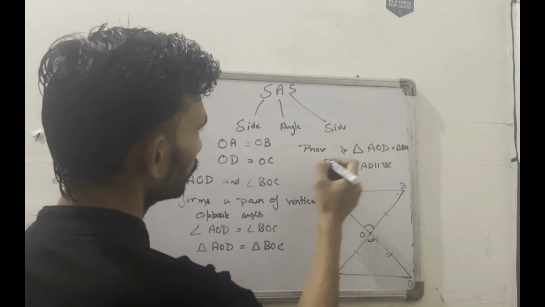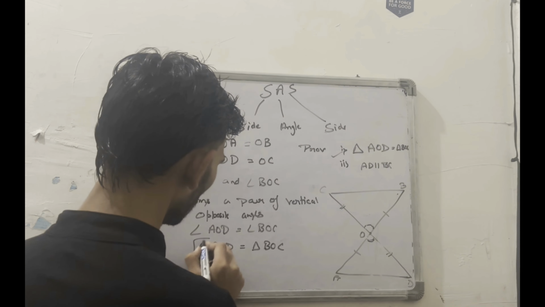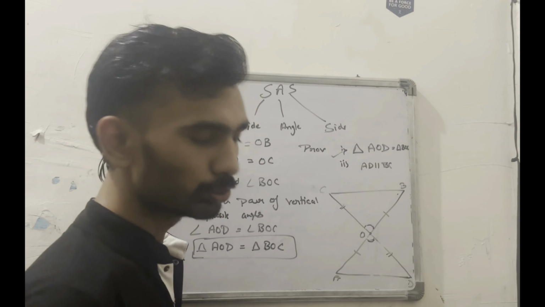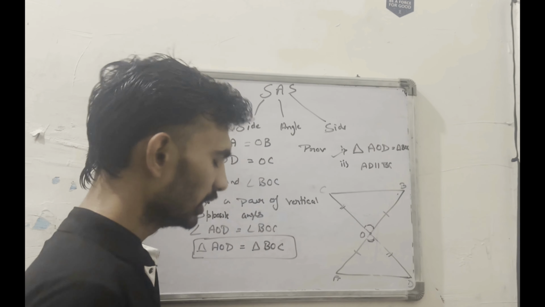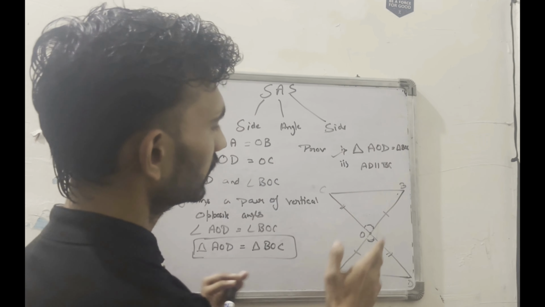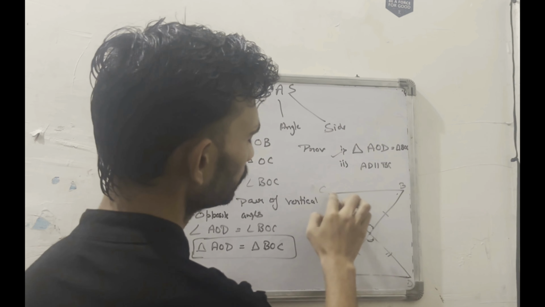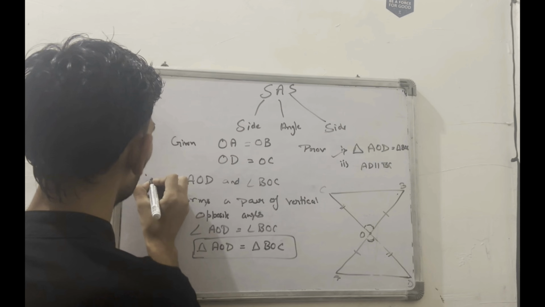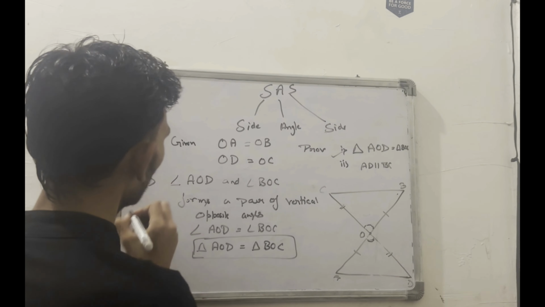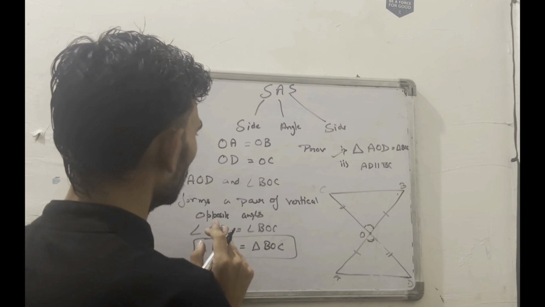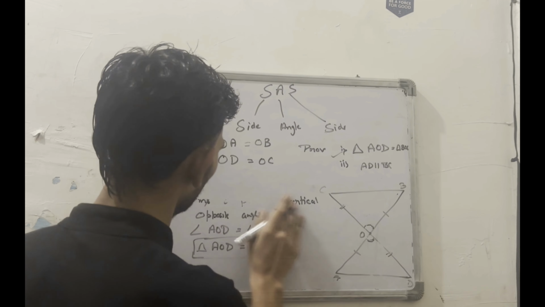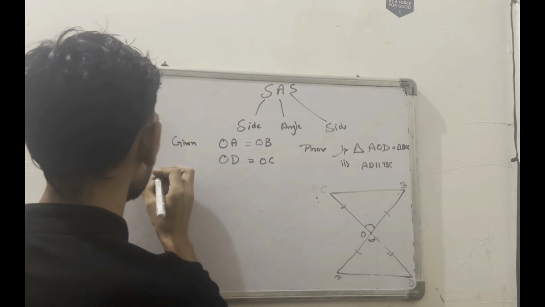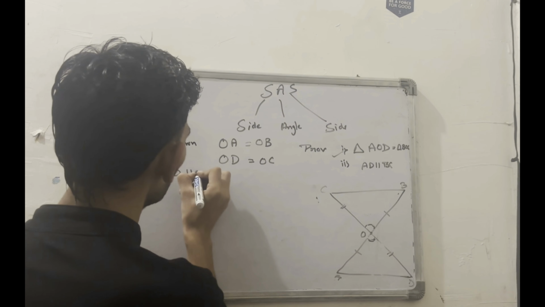Okay, the first thing has been proved. Let's move to the second point. AD is parallel to BC. Now we have to prove AD is parallel to BC. So we have here proved the first thing. Let's move to the second one. Now we are proving that AD is parallel to BC.